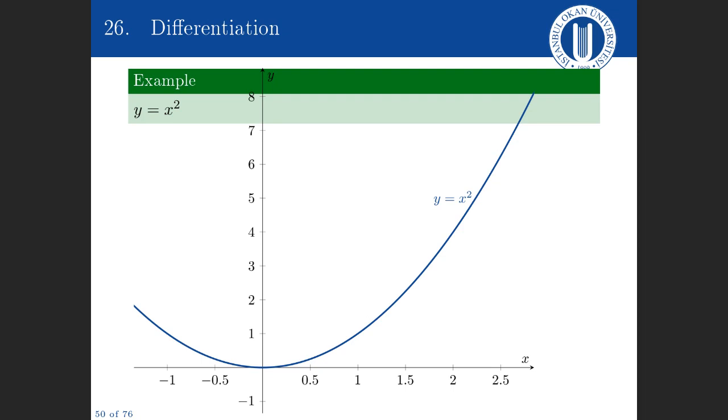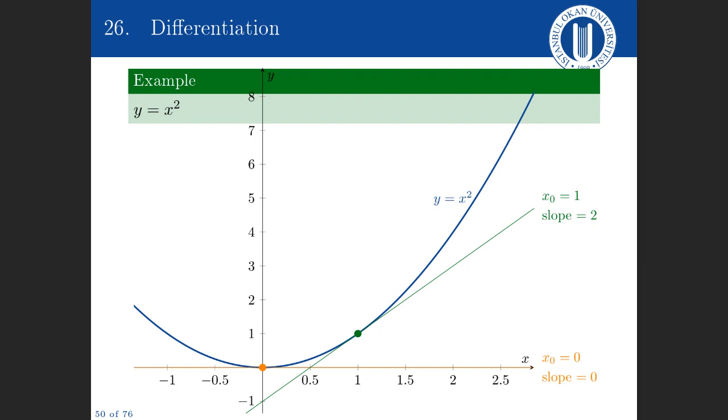So for example, if we had the function y is equal to x squared, we might ask, what is the slope of y is equal to x squared when x is equal to 1? And so we draw our tangent line, we measure the slope of the tangent line, and we find 2. So the slope of the blue curve when x is equal to 1 is 2.